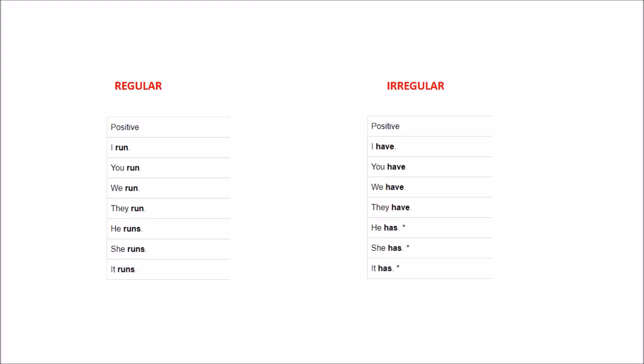As I explained, it's important to know this rule about the s, just to add the s with he, she, and it. It's just what you need to learn and remember, and then we are going to practice this in the next activity, the practice activity.